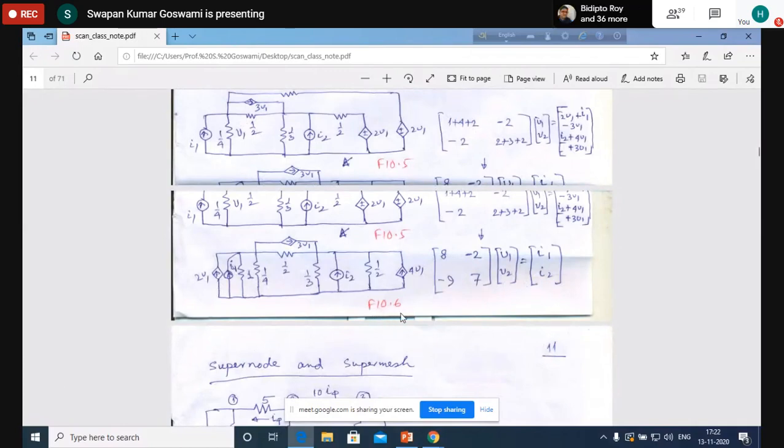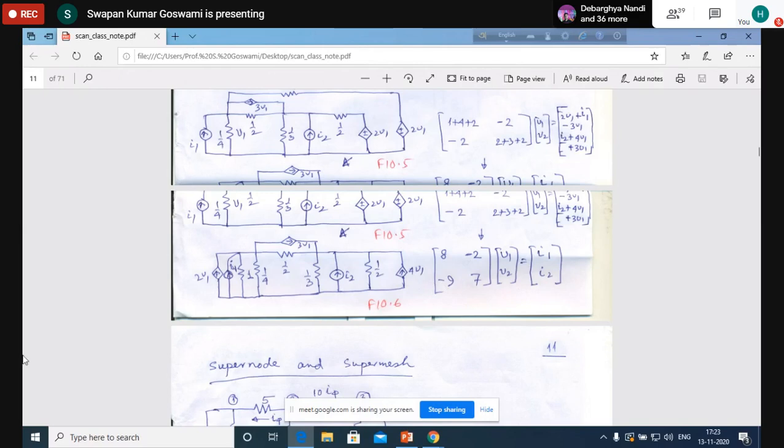Here Y12 and Y21 have become unequal. Because of the dependent sources in this network, the admittance matrix became asymmetric.